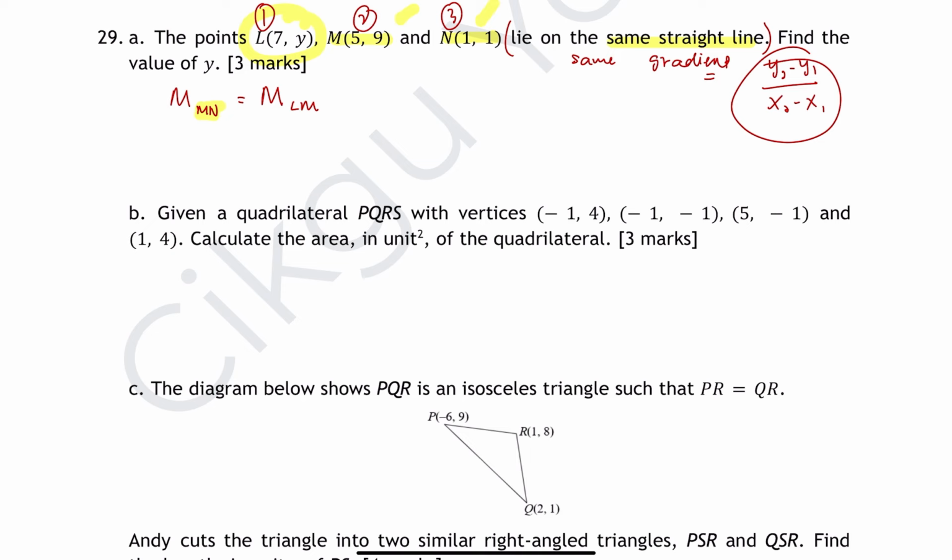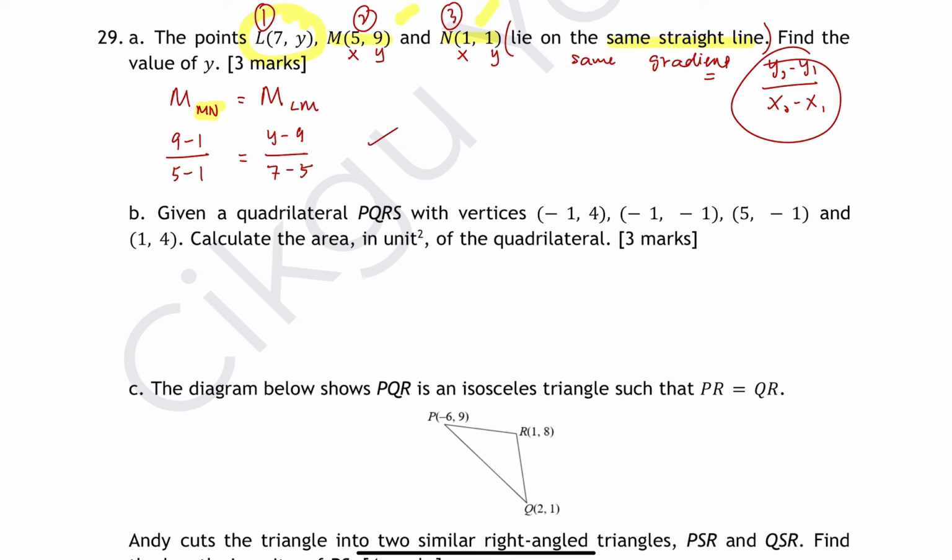Okay, so this is my y, this is the x, this is the x, this is the y, and I'm using M minus N. So I'll begin with 9 minus 1 over 5 minus 1 equals to, same concept will apply when you're looking for LM. So LM, you have y minus 9 over 7 minus 5.